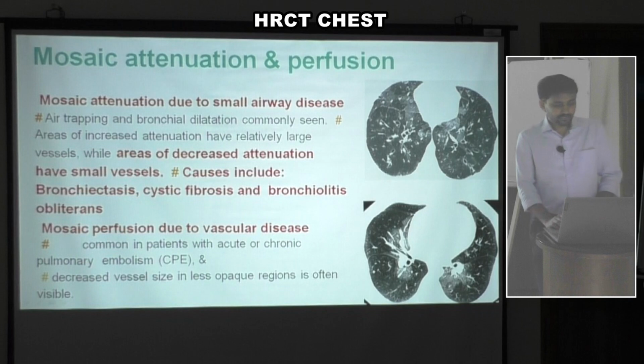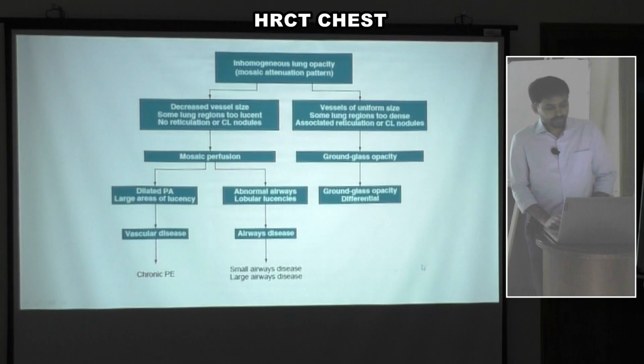Then comes mosaic attenuation and perfusion. Basically it is due to air trapping, bronchial dilatation and overall decrease in lung attenuation. When the entire bilateral lung shows a mosaic pattern, one of the common conditions is pulmonary embolism, acute and chronic. This diffusely spread mosaic attenuation pattern is most commonly associated with pulmonary embolism.